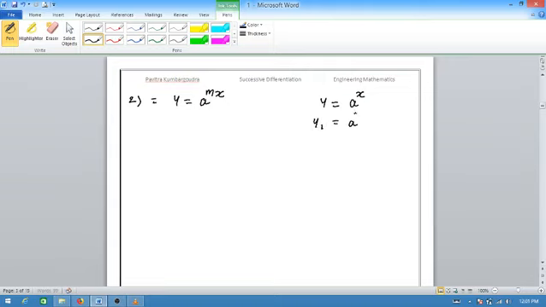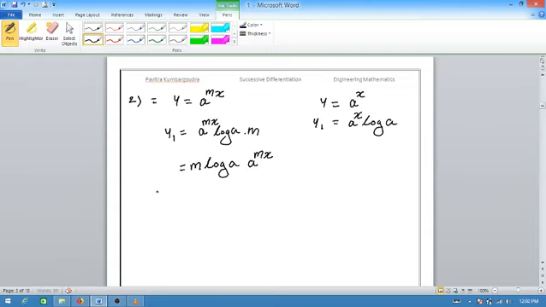That is a power x into log a, right? So therefore differentiating with respect to x, you will get y1 is equal to a to the power of mx, differentiation is a to the power of mx into log a into differentiation of mx, which is m. So y1 is m into log a into a to the power of mx.